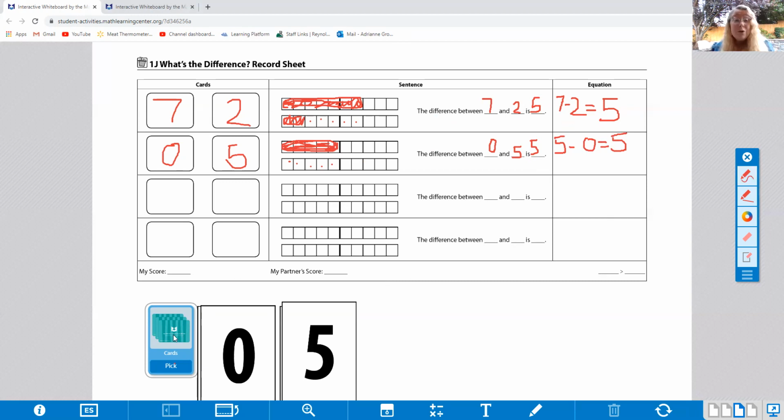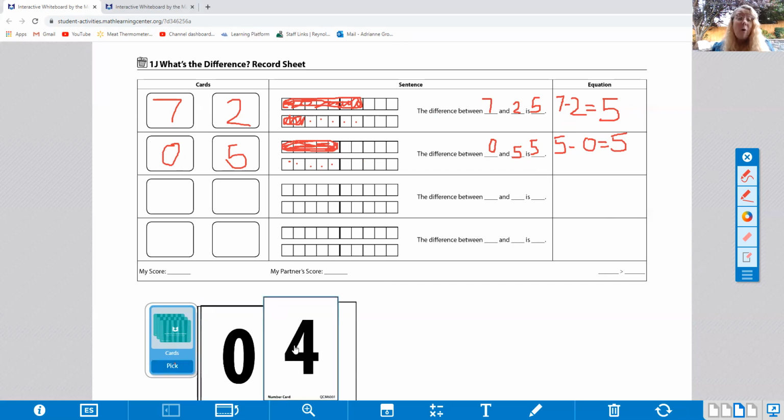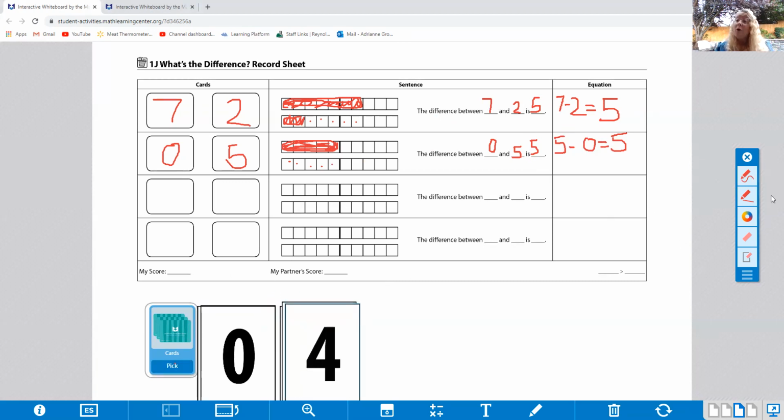Okay, now it's time for another round of the game. I'm choosing 2 new cards. Get 0 and 4. So now I know what to do. I write those 2 numbers here, 0 and 4, and then I color 0 here and 4 here. 1, 2, 3, 4. Excellent.